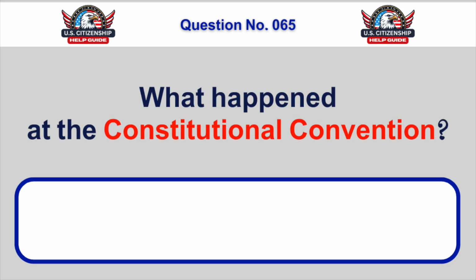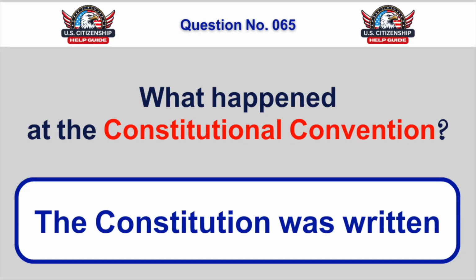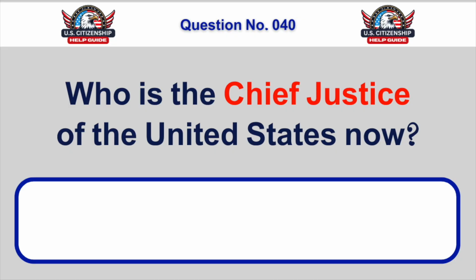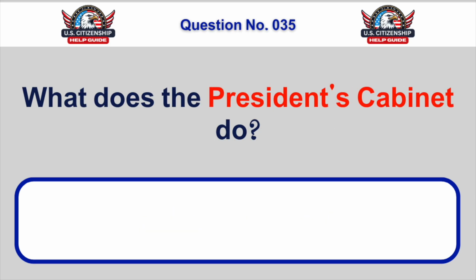What happened at the Constitutional Convention? The Constitution was written. Who is the Chief Justice of the United States now? John Roberts. What does the President's Cabinet do?